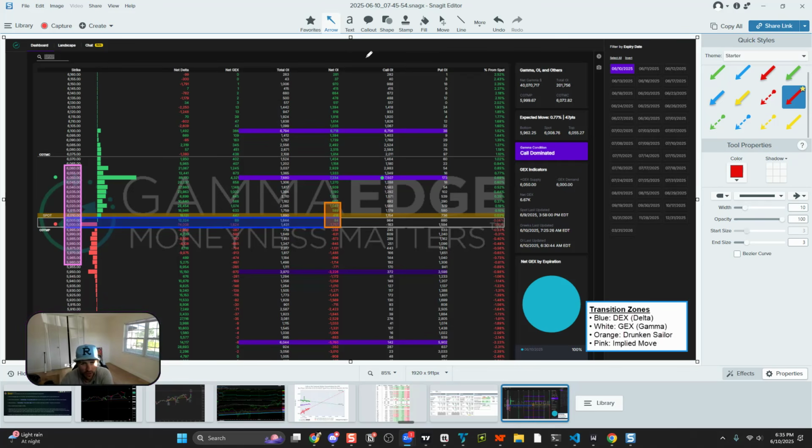And then to the upside, our Drunken Sailor zone specifically, that top side was 6020. While the top of the Drunken Sailor zone is above our DEX transition zone, so we would expect a move higher. Just looking at the distribution of speculation itself, we can see that 6020 is really that first ledge in the structure where we start to see a significant build in open interest.